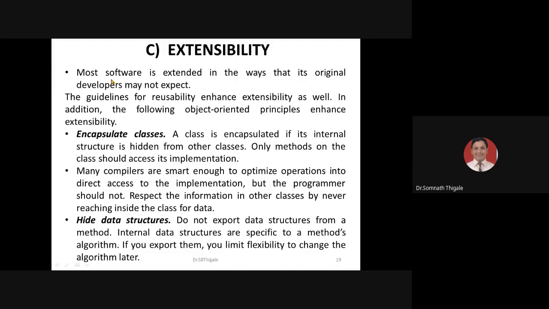Simply remember the example of extensibility: earlier just 100 users were there, but suddenly the number goes beyond 100, for example 500. Whether your software supports it or not is called extensibility. Most software is extended in ways its original developers may not expect, but the guidelines for reusability enhance extensibility as well.